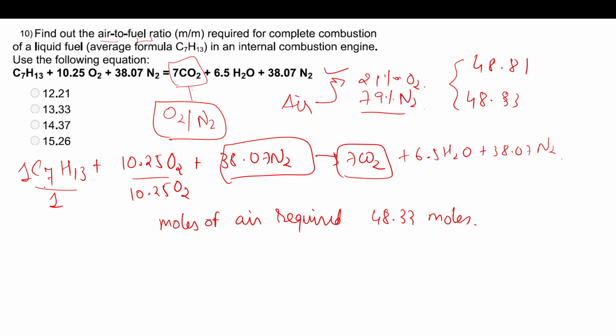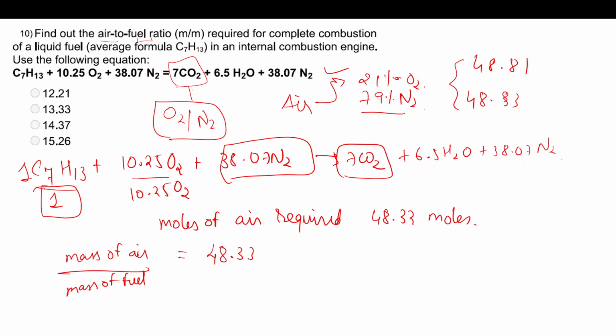Okay, and what we combust is 1 mole of the fuel. So here you need to find out the mass of air per unit mass of fuel for complete combustion. Now what you know is moles, so you need to convert moles into mass by multiplying with molecular mass.